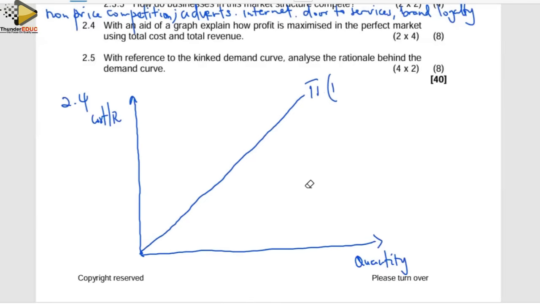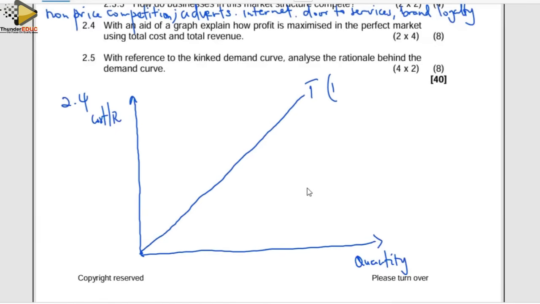We have total costs. Our fixed costs can be realized at zero production. That is why our total costs start from above the origin, because even at zero production, you are supposed to pay for fixed costs. So our total cost is made up of the fixed element plus the variable element. Then we look at our revenue curve.